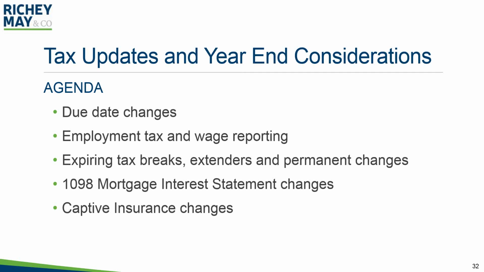The PATH Act gave a little bit more leeway, so to speak, in the amount of premiums you can pay to a captive, which is a very tax advantageous position, but it also puts some new reporting requirements that, should you not comply, have very, very steep penalties.